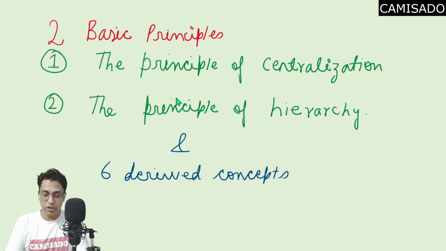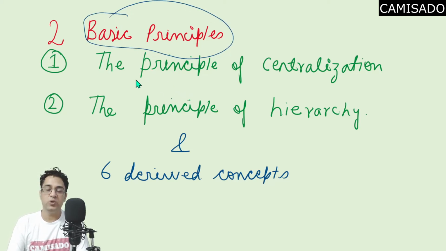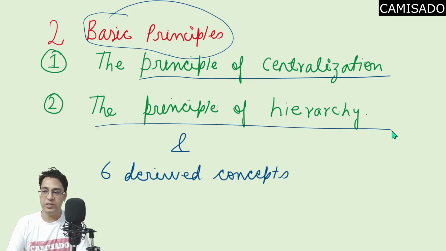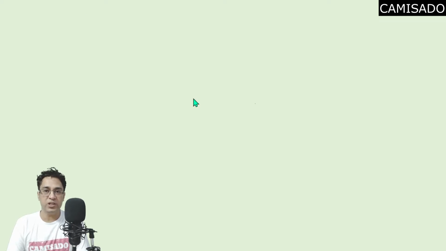The central place theory has two basic principles, and these two principles are the principle of centralization and the principle of hierarchy. See, if you look at the principle of centralization, it is almost like a universal principle. For example, the sun is at the center of the solar system and the planets revolve around it.